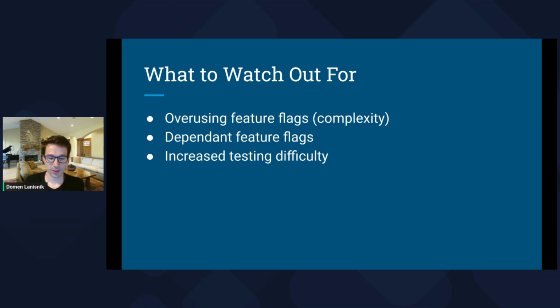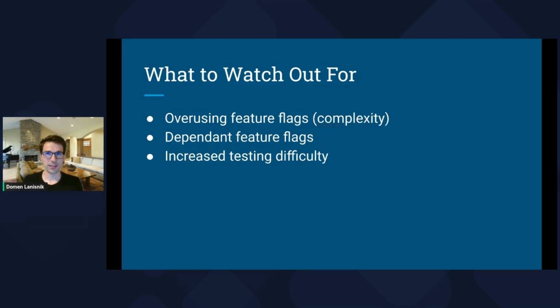Related to additional complexity is the increase in testing difficulty. So if you're using unit tests in your app, which you should, you will now have to add the feature flag component to your tests.